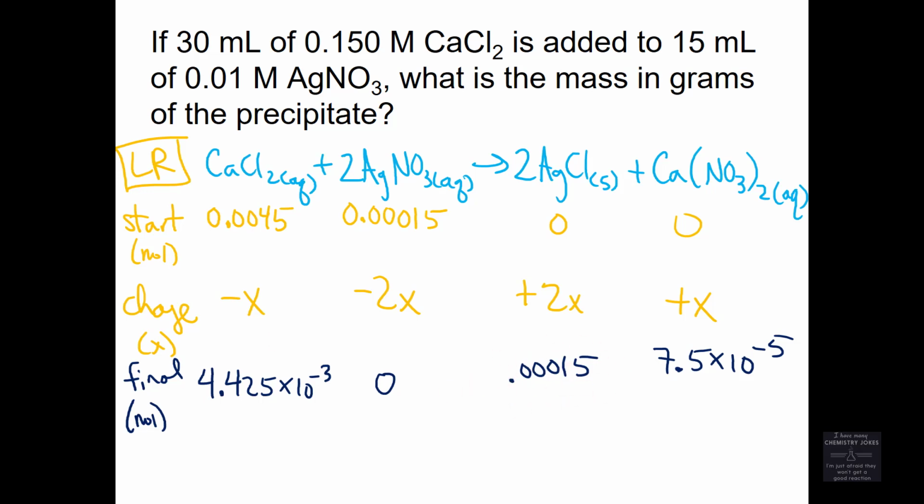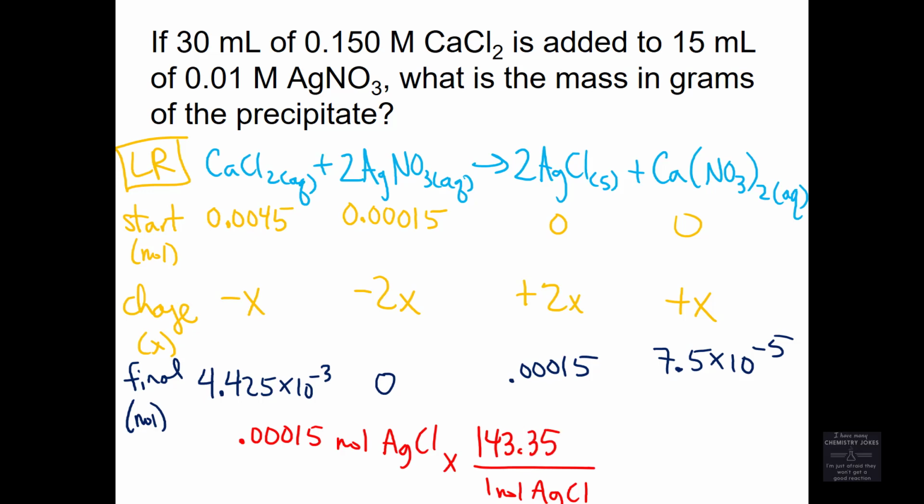So I need to know how many grams of that thing. 0.00015 moles AgCl times 1 mole of AgCl weighs 143.35 grams.